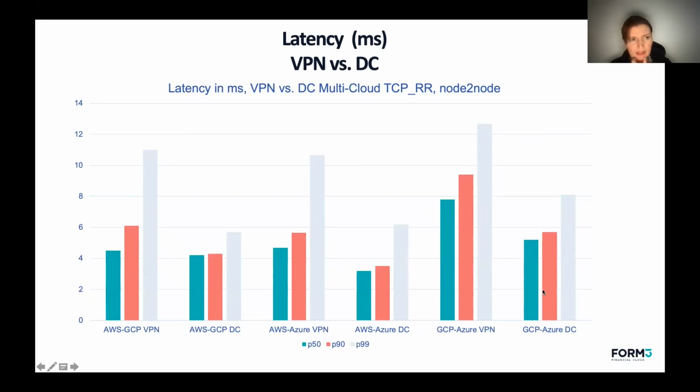Here we have the least difference for GCP and Azure, but for example for AWS and GCP, P95 is twice as fast for direct connectivity. So basically, it means that this connection is more stable and more reliable. We don't have those unexpected spikes which can happen when traffic goes over the public internet.